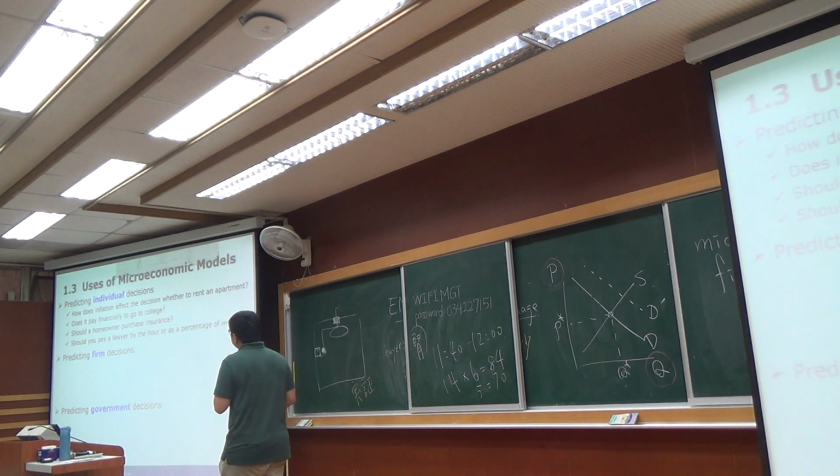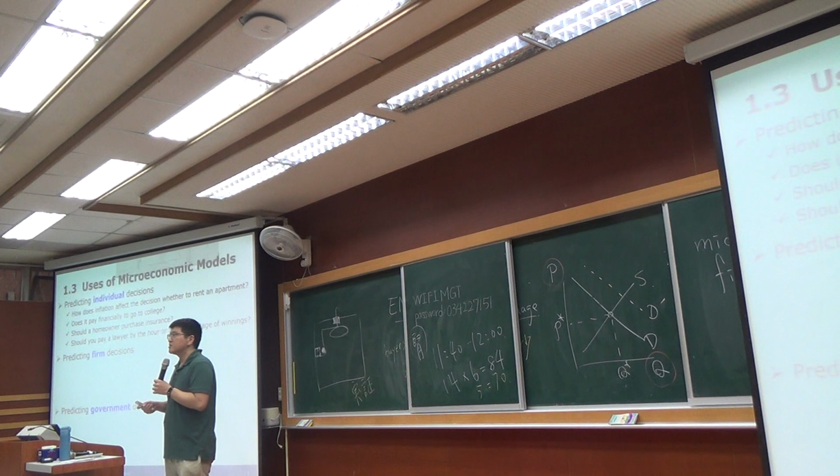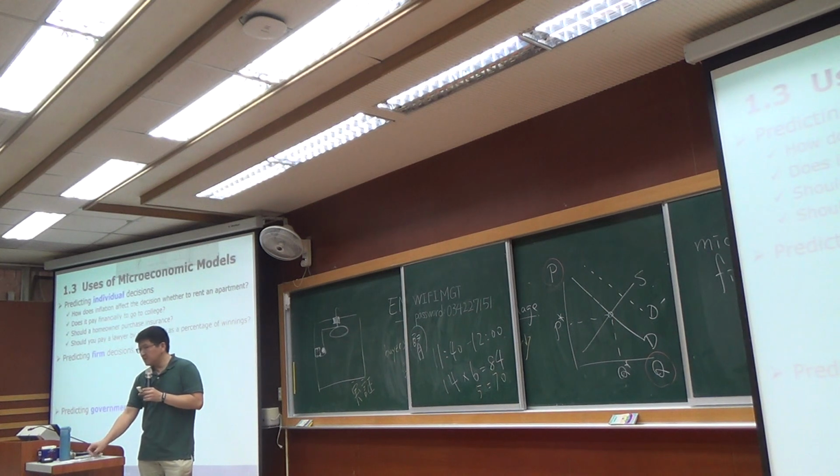And does it pay financially to go to college? So most of you, all of you, have already come to the college. But what if the salary outside the university becomes very, very high? Say your monthly salary goes up to, if someone offers you like 200,000 per month, monthly salary.